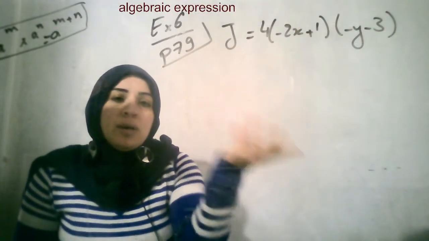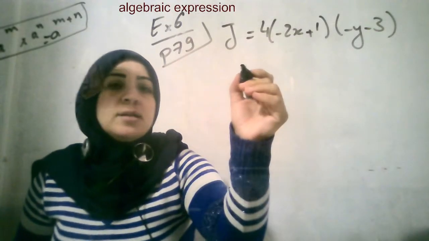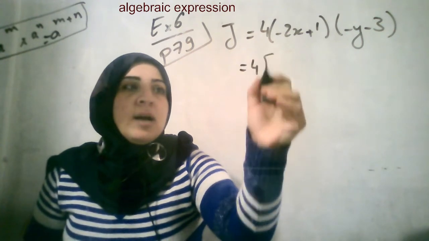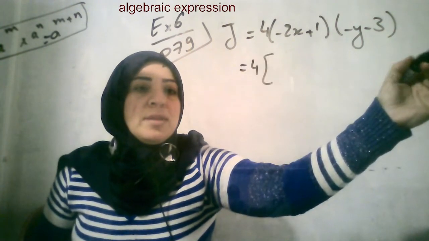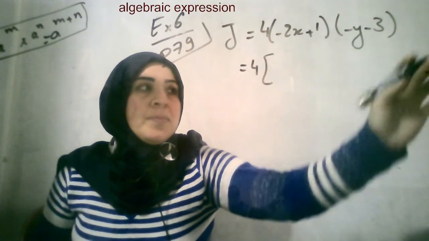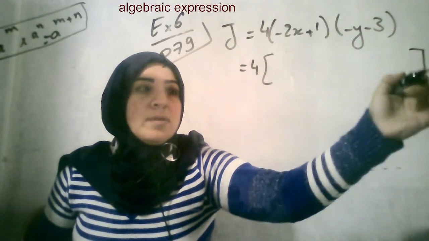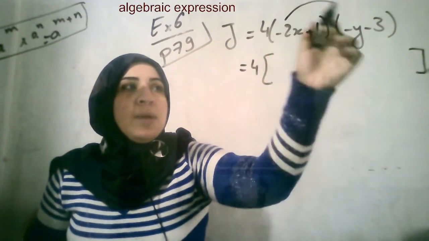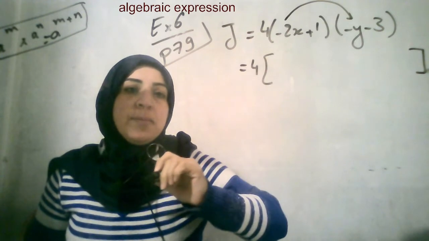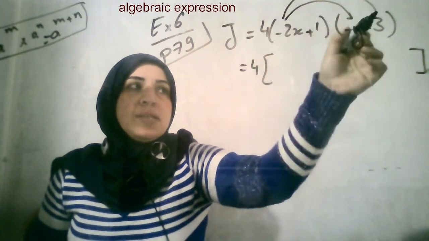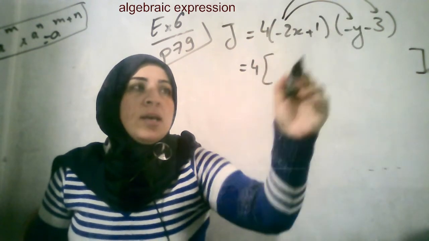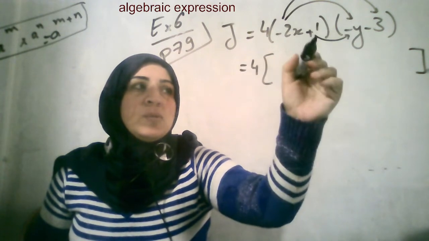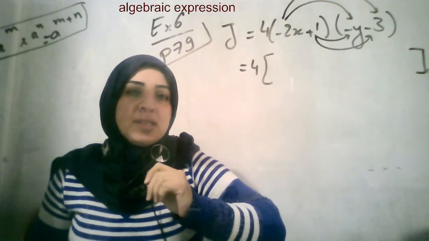Here, how should I solve? Let's write the 4 first. I'm going to solve this. I'm multiplying minus 2x by minus y, then minus 2x by minus 3, and then 1 times minus y and 1 times minus 3.